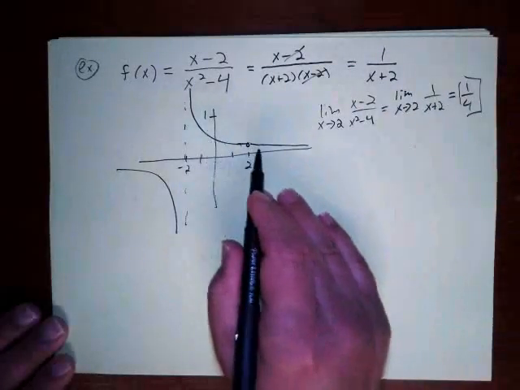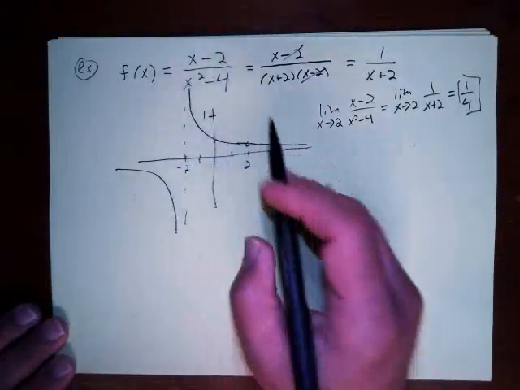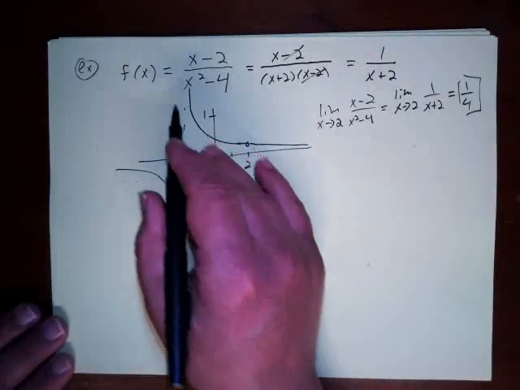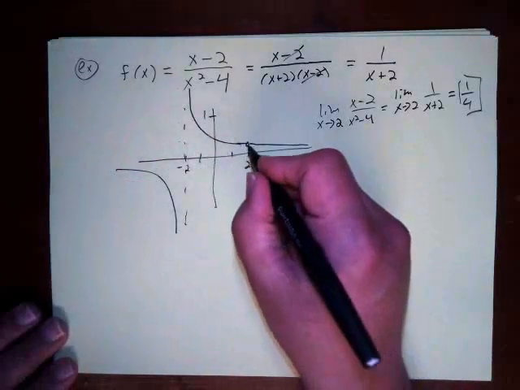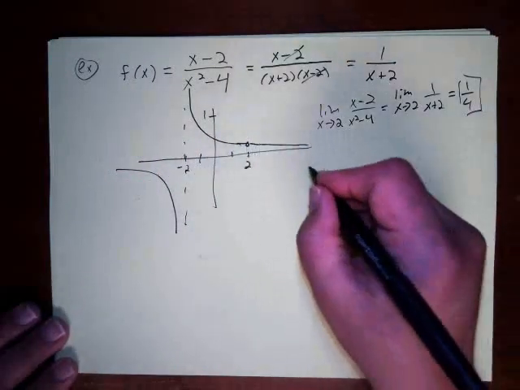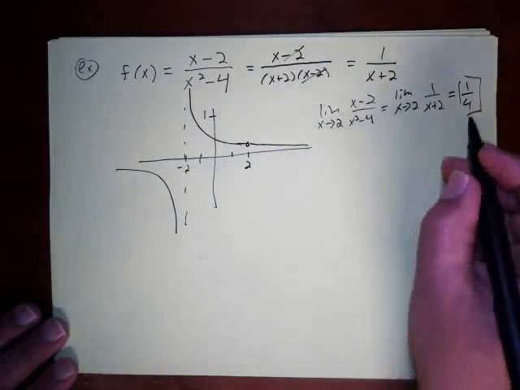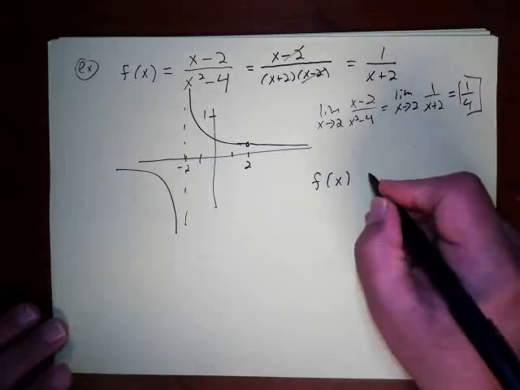So in this case the limit exists, okay, but the function is undefined there. You have a hole in that spot. But since the limit exists, I can fix that by defining this function at 2 to be 1/4. So in other words, we could use a piecewise function, right?